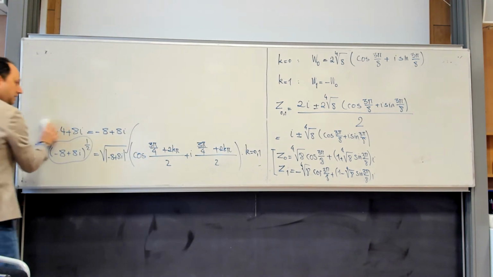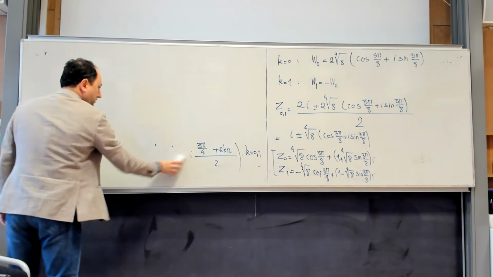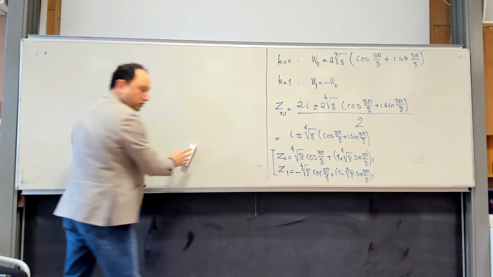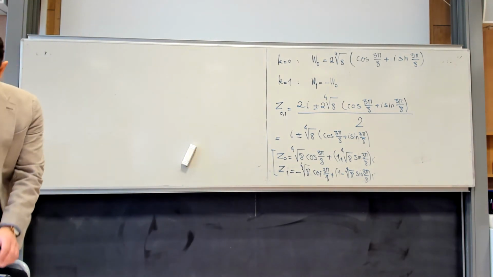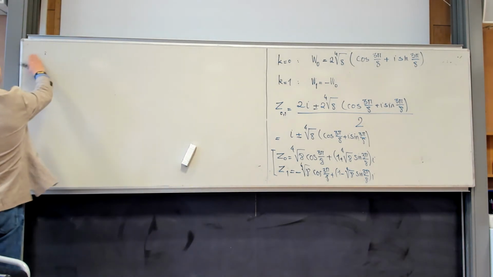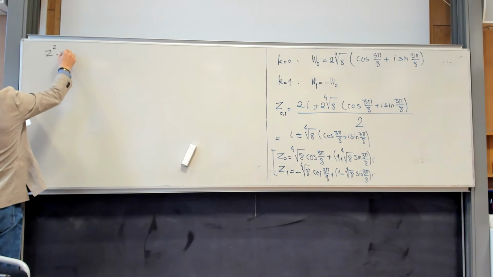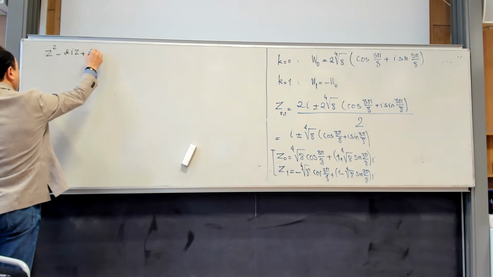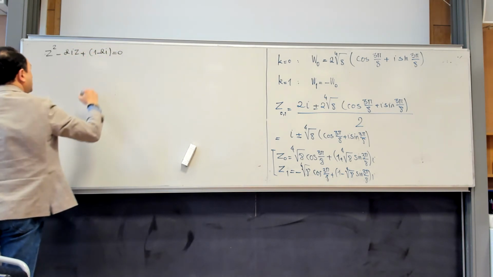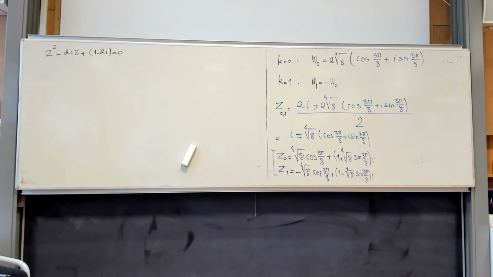let me clean this and write it from scratch. So my goal was to calculate this as z squared minus 2iz plus 1 minus 2i equals 0, yes? If I want to solve that, how should I do this?